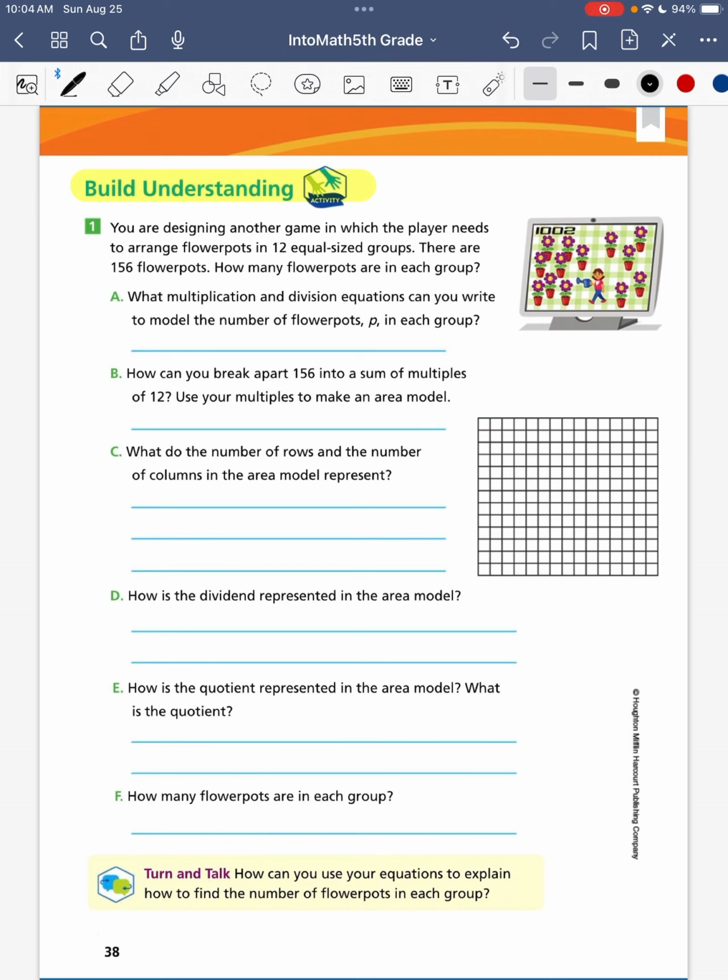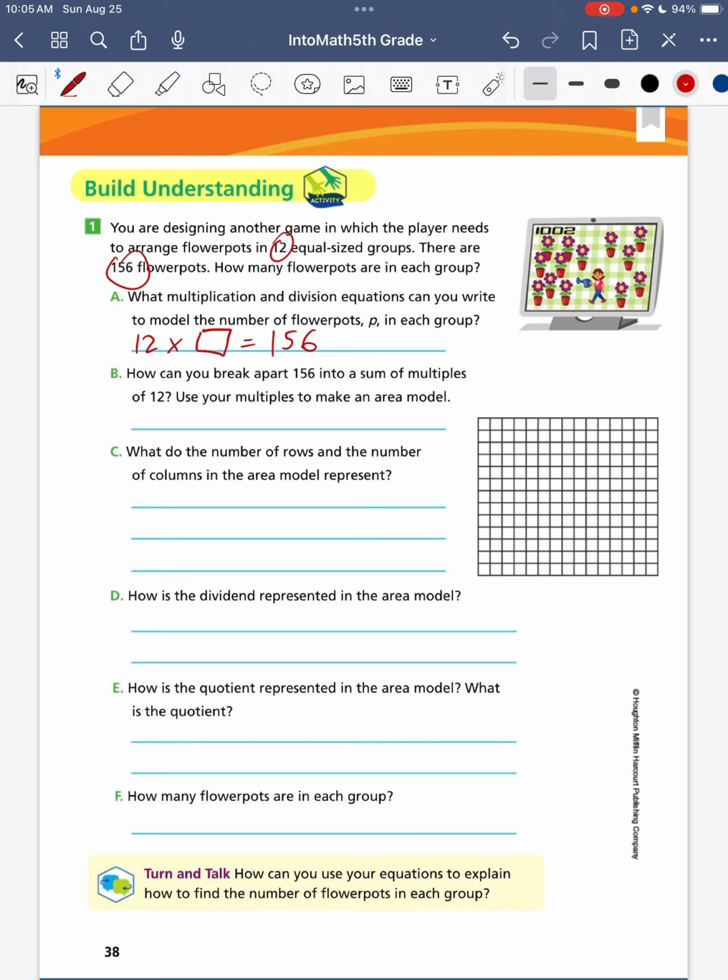Build for understanding. Number 1. We're designing another game in which the players need to arrange flower pots into 12 equal-sized groups. There are 156 total flower pots. How many flower pots are in each group? As a multiplication, we know that we have 12 times an unknown number equals 156 flower pots.